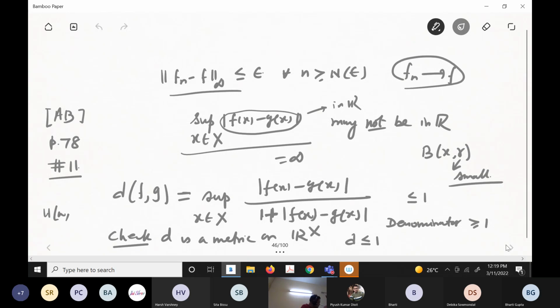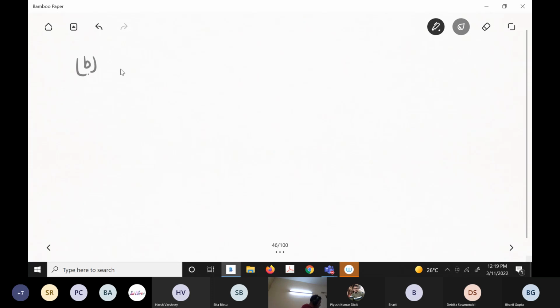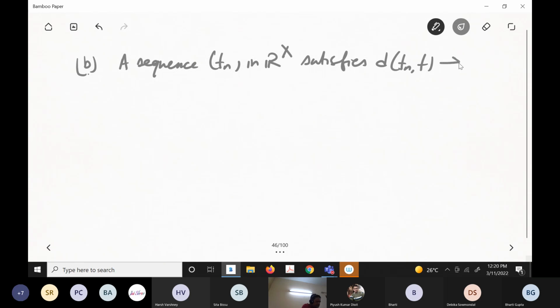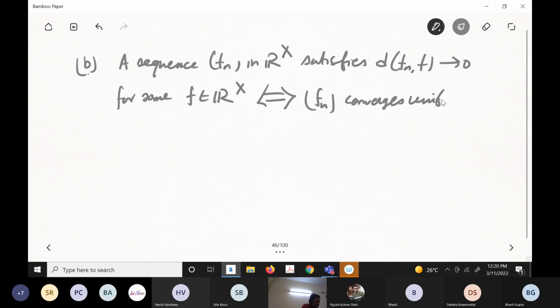And the next thing, part B, says: show that a sequence f_n in R to the power X satisfies D(f_n, f) tends to 0, for some real valued function f belonging to R^X, if and only if f_n converges uniformly to f.